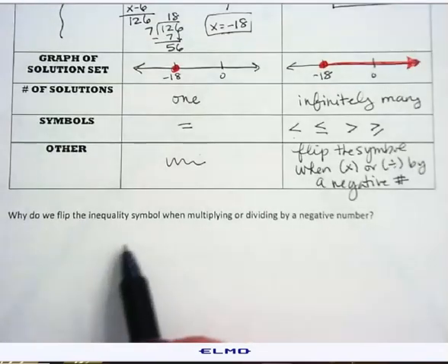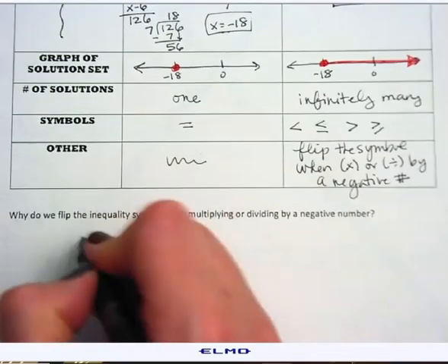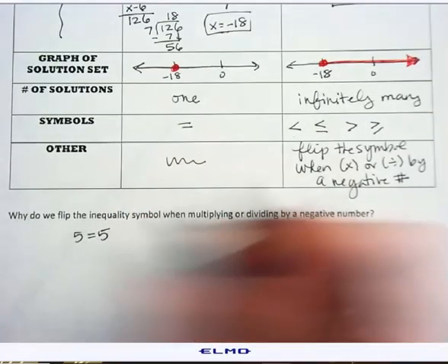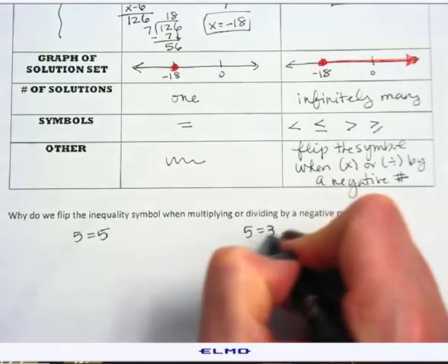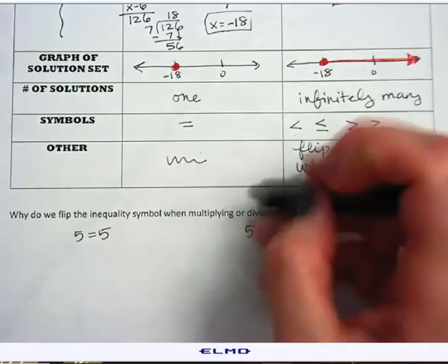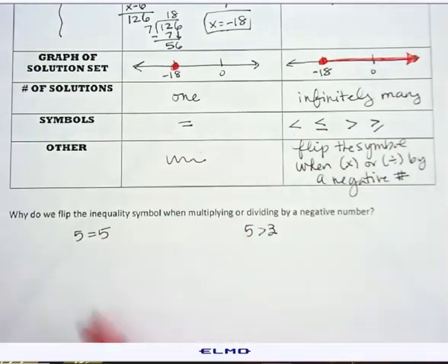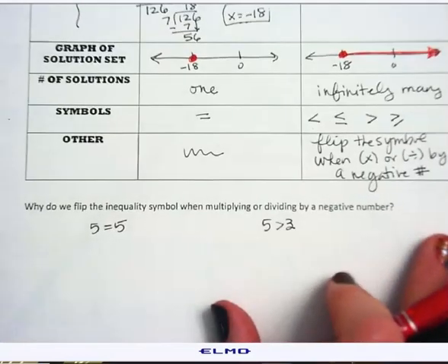And then down here, I'm just going to give you a little example of how flipping the symbol helps us. So I'm going to write this little equation here and this little inequality here. Now both of these are true statements.